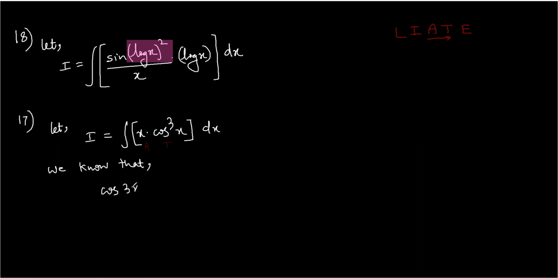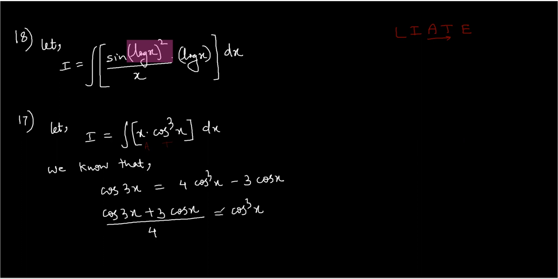We know that cos 3x is 4 cos cube x minus 3 cos x. So this gets me cos 3x plus 3 cos x upon 4 is equal to cos cube x. Now once I got this, I will substitute for cos 3x and I will begin with the integration.